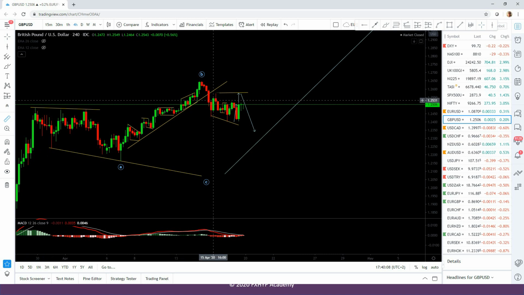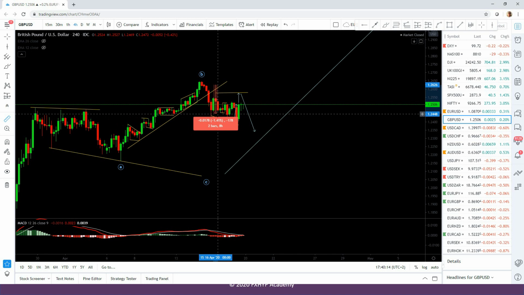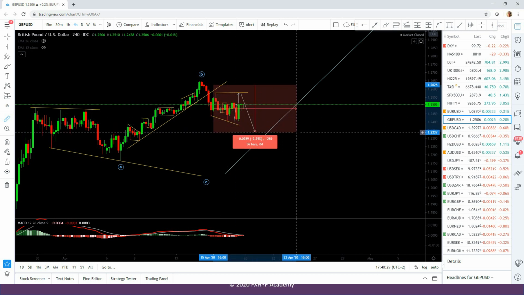Let me show you how many pips we're going to get from this indicator, from this movement, sorry. How many pips? About 180 pips, right? At the minimum, 180 pips. We would expect, as per our analysis, to get 280 pips out of this move.